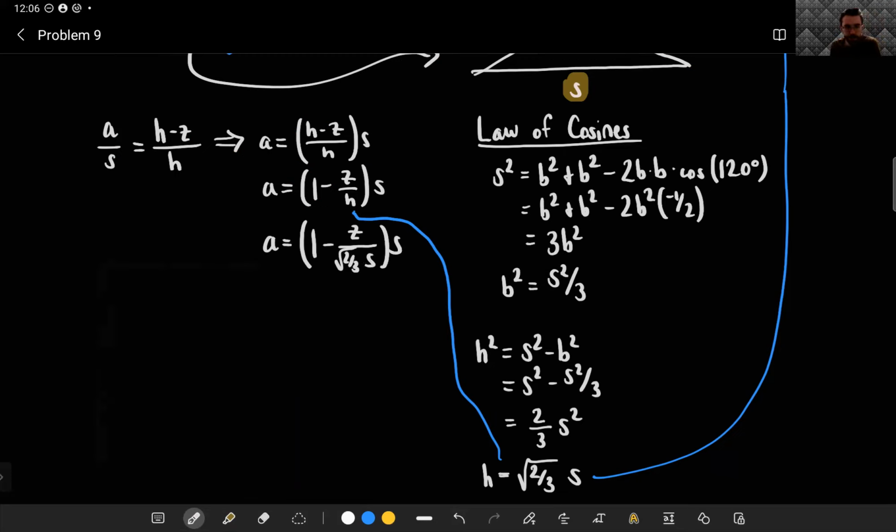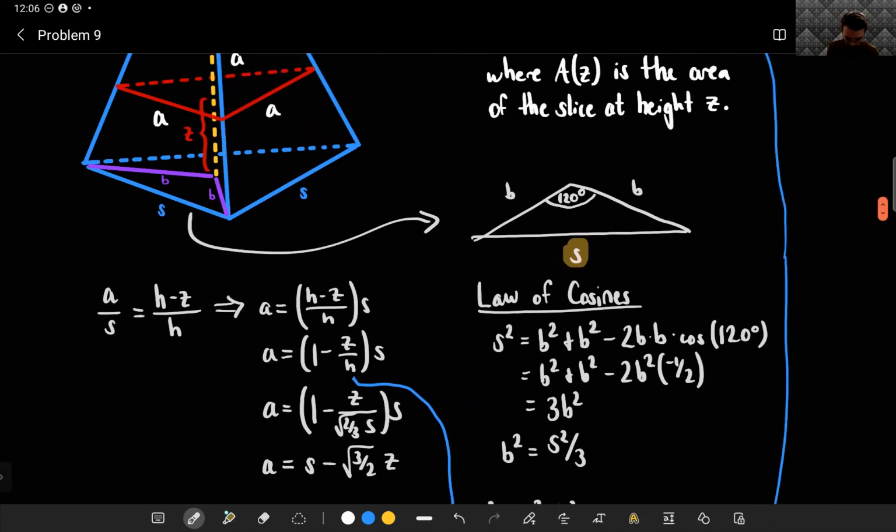And we have an s on the outside. And okay, let's actually distribute the s through. I get s minus, I suppose the s's would cancel for the second term. Just be left with z over that square root. If I don't want the square root in the bottom, I guess I could flip it and it would look like 3/2 times z.